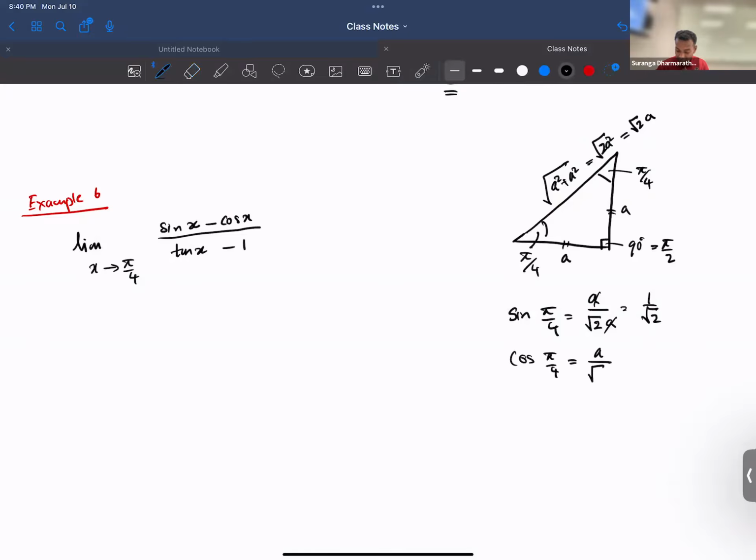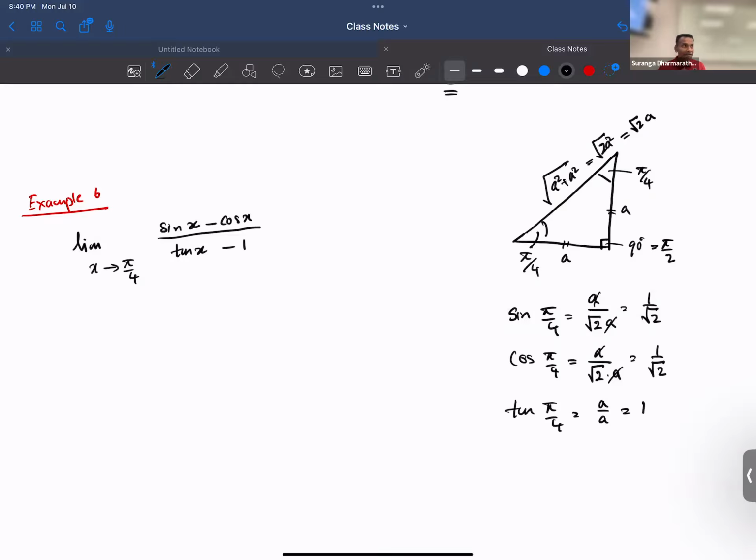Square root of 2 times A. Cancel that. 1 over square root of 2. That makes sense? So what is tangent pi over 4? A divided by A, which is equal to 1. Right? Good.